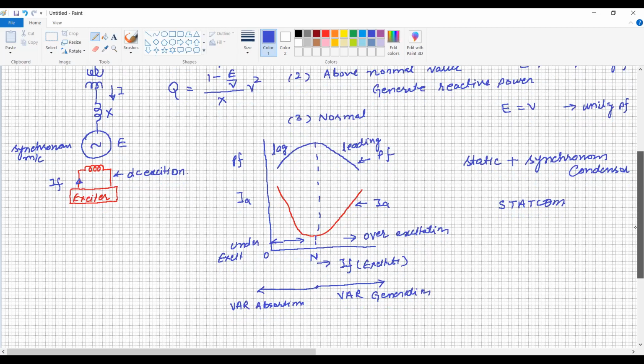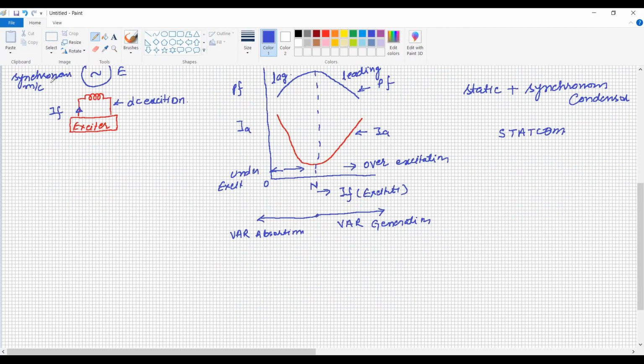So what would be the circuit? It is similar to the system which was explained for the synchronous machine, the synchronous motor. So now this is the system voltage or line voltage.